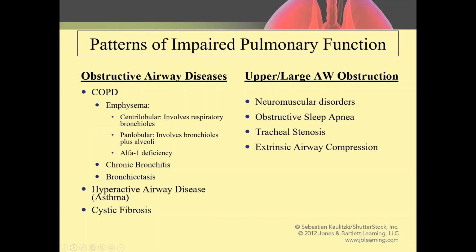Larger, if you will, upper and larger airway obstruction, so neuromuscular disorders, obstructive sleep apnea, tracheal stenosis, extrinsic airway compression, such as you might see with someone that has some sort of a chest wall abnormality. You have individuals that have severe morbid obesity, but very profound muscular boundness, things along those lines. Scleroderma, where the actual tissue gets fibrotic because of an alleged autoimmune type of condition.